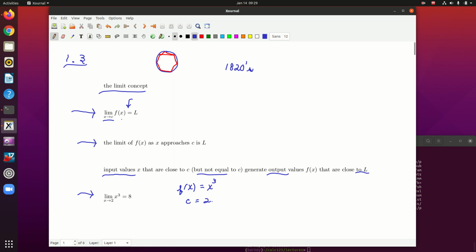Well, most people say, well, duh, 2 cubed is 8, why not? But again, that's not what this statement is saying. This is not saying when you plug in 2 you get 8. It's saying when you plug in numbers close to 2, 2.01, 2.003, 1.998, and so on, you're getting numbers very close to 8. Okay, so again, as x approaches the number 2, the outputs are approaching the number 8.